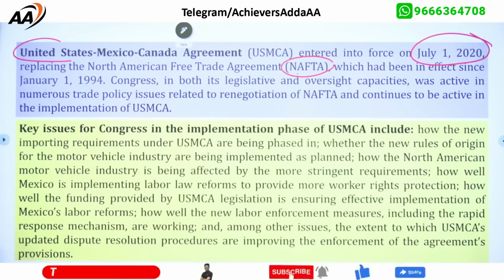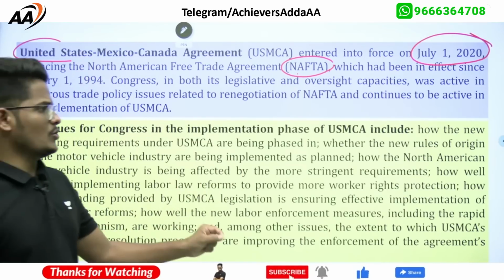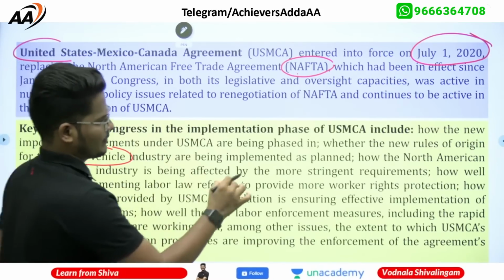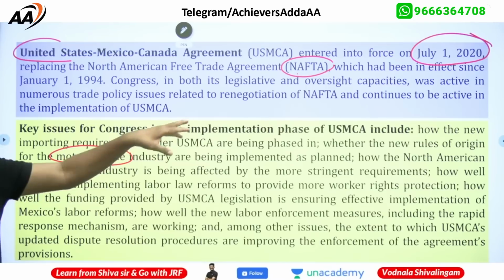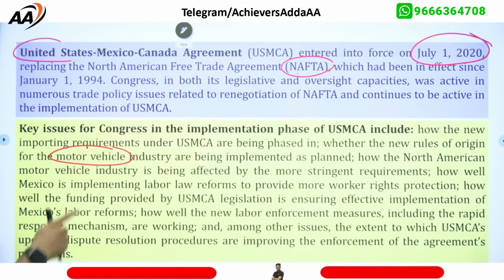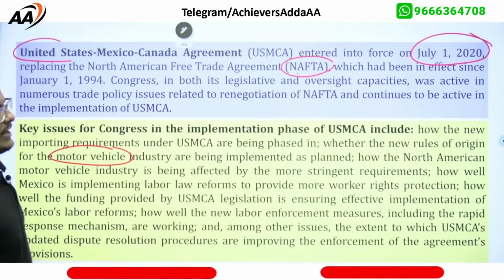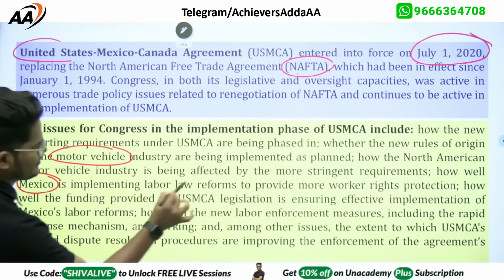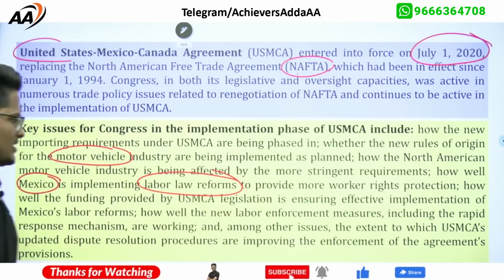So what are the main issues of these 3 countries? Actually, how the importing requirements under the USMCA are being phased in, whether the new rules of origin for the motor vehicle industries are being implemented as planned. They have planned one motor vehicle industry in these 3 countries, as well as how the North American vehicle industry is being affected by more stringent requirements, and how well Mexico is implementing labor law reforms to provide more worker rights protection.